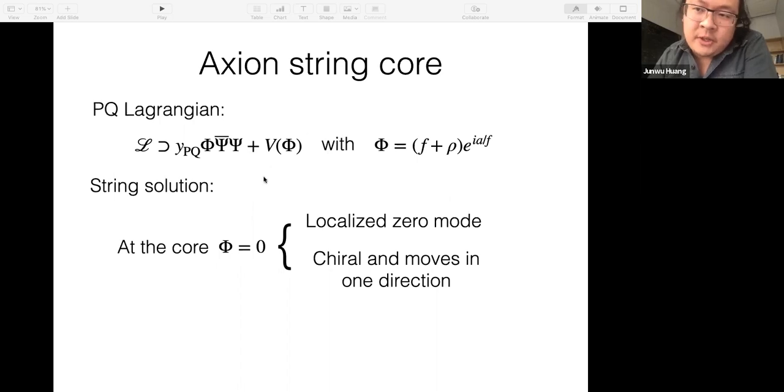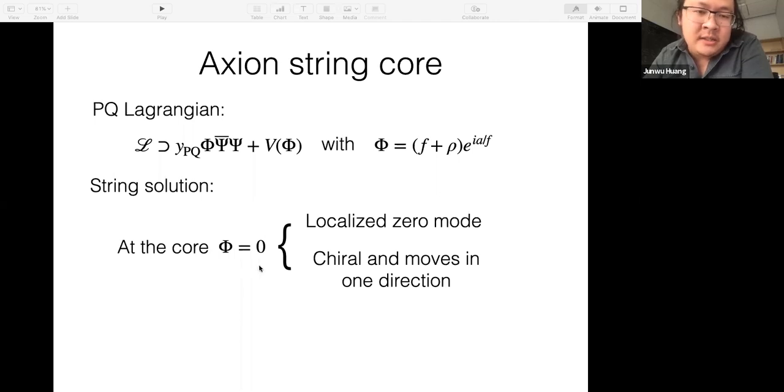The complex field also has a potential, which allows it to develop a field profile in most of the space where the real component is equal to f, the axion decay constant, and then there's a pseudo-Goldstone boson, the axion, which is the angular field. A string solution is a solution where at the core of the string, this complex scalar field phi has a zero VEV.